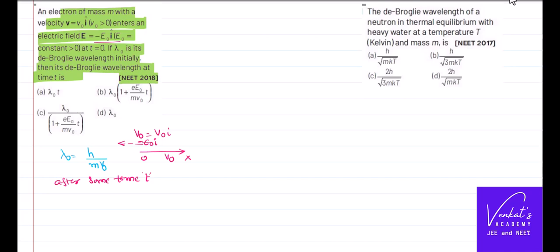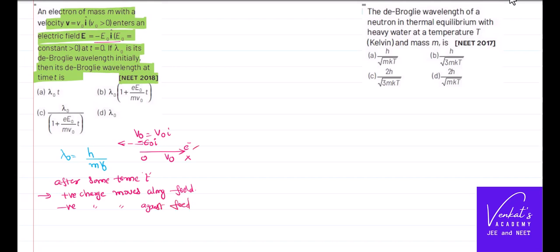See, the first thing that you need to understand is that a positive charge moves along the direction of the applied electric field. A negative charge moves against the direction of the field.